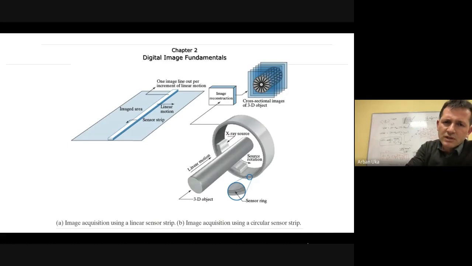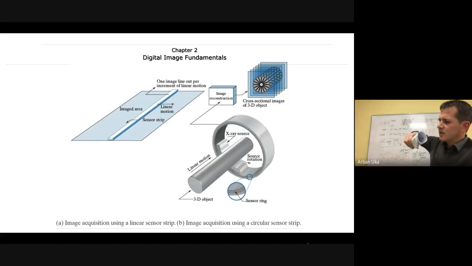These sensors can be put into different geometries, so you can assume that you have a line sensor and you are scanning over some region, and then you are obtaining a 2-dimensional image. These are the possible image acquisition units that we can use.